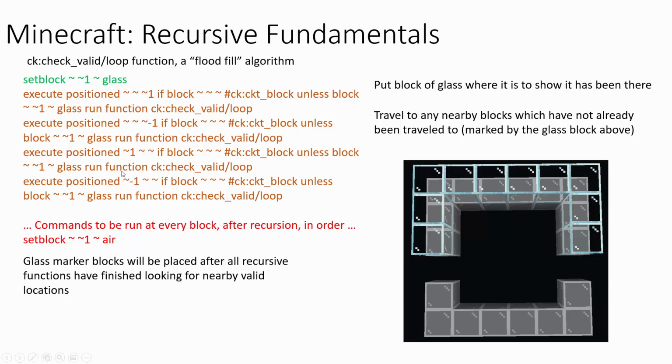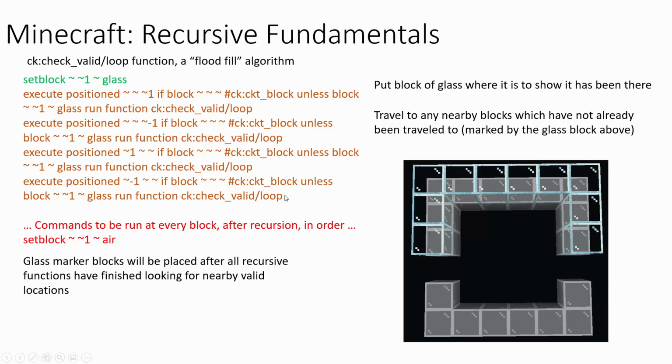This setblock air is actually happening at all of these. It's not all at once, but it's going to be sequential. When I run setblock air in this section down here, it's not going to set this block to air and then have one of these other loops trip up, because this is halted in the recursion. It's going to happen at the end of all the looping, but it will happen at every single one of these blocks, one after the other.